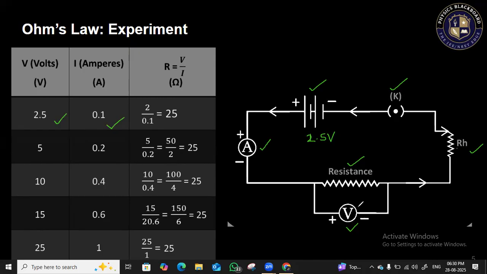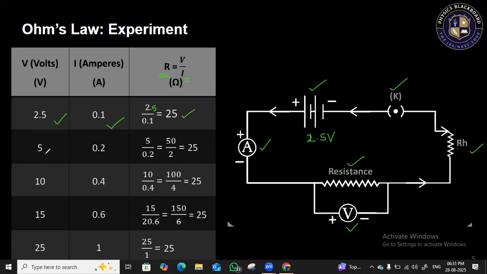So we got a potential difference in the voltmeter as 2.5 and the ammeter reading is 0.1. If you take the V by I ratio, it will give you the resistance of that resistor. So 2.5 by 0.1 equals 25.